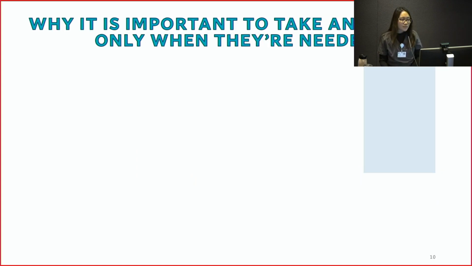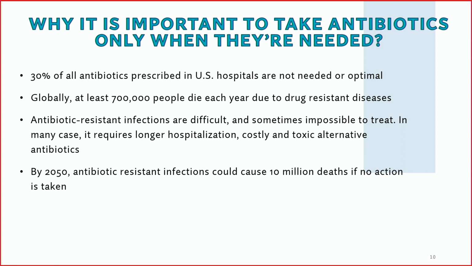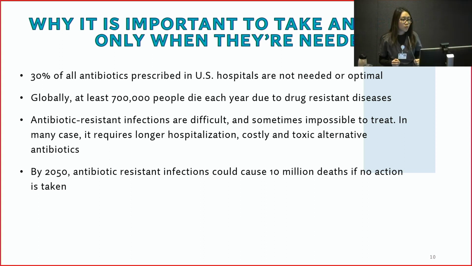So why is it important to take antibiotics only when they're needed? 30% of all antibiotics in US hospitals are not needed or not optimal. Globally, at least 700,000 people die each year due to drug-resistant diseases. Inappropriate use of antibiotics could make a common infection untreatable, which is really dangerous.